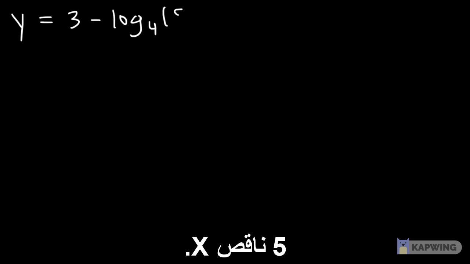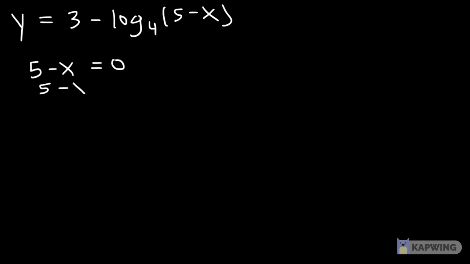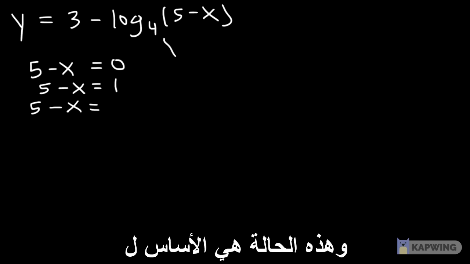Now let's try one more example. 3 minus log base 4, 5 minus x. So let's set 5 minus x equal to 3 things: 0, 1, and whatever the base is. In this case, the base is 4.